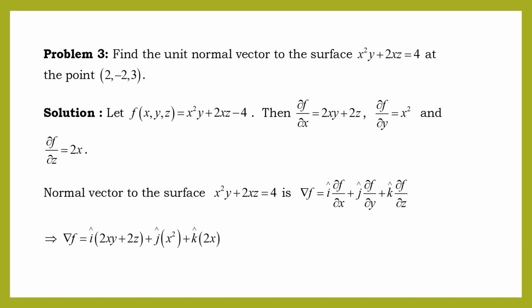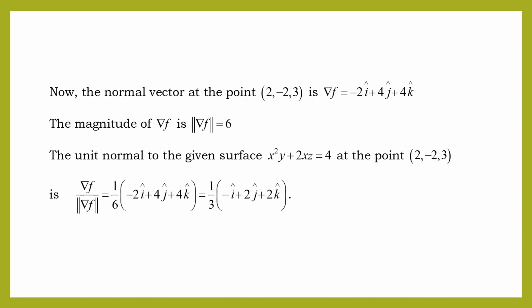Then gradient of f or del f equals i cap times 2xy plus 2z plus j cap times x square plus k cap times 2x. This is the gradient of the given surface f of x, y, z equals x square y plus 2xz.